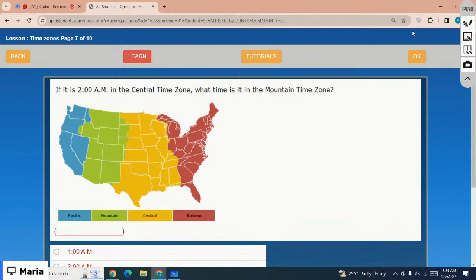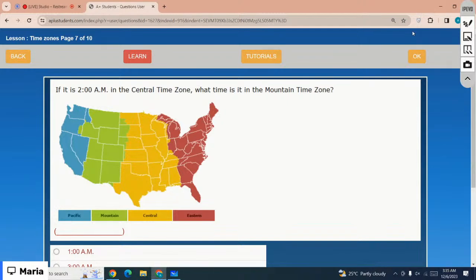So if it is 2 in central, then in mountain it is 1 hour behind, right? 2 minus 1 is 1.